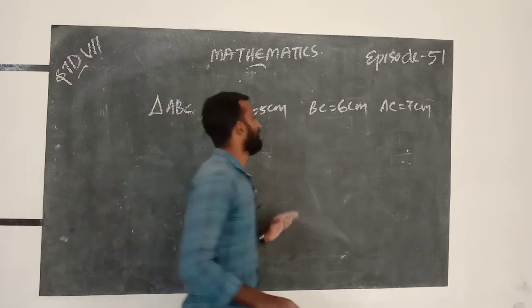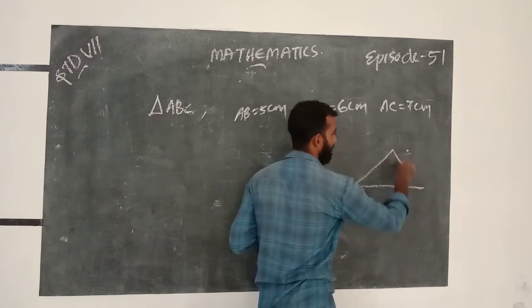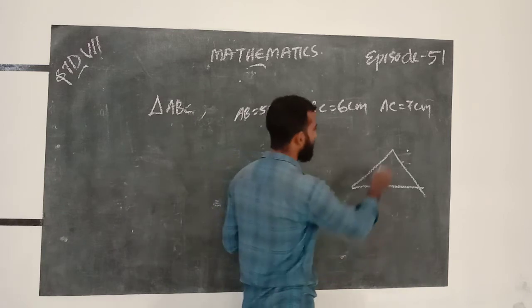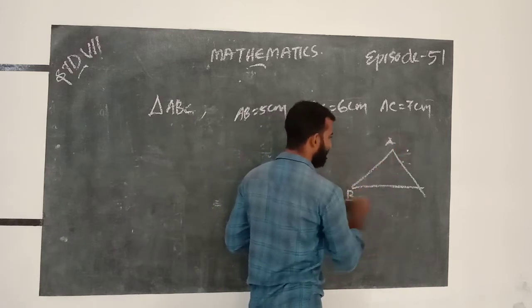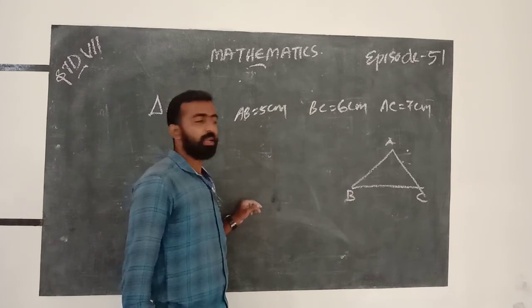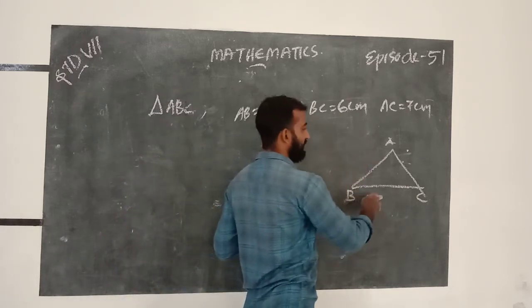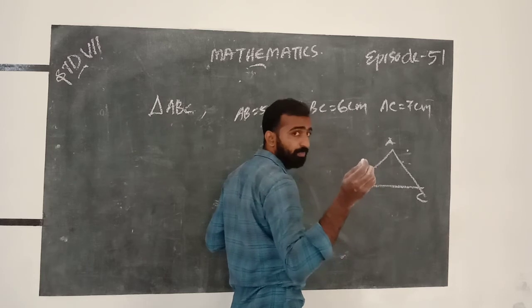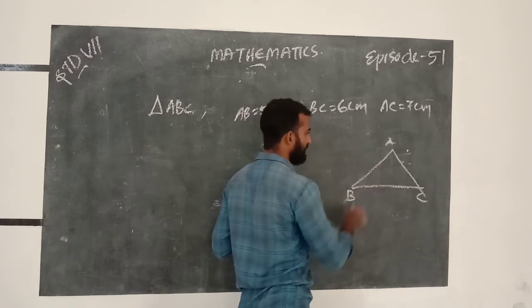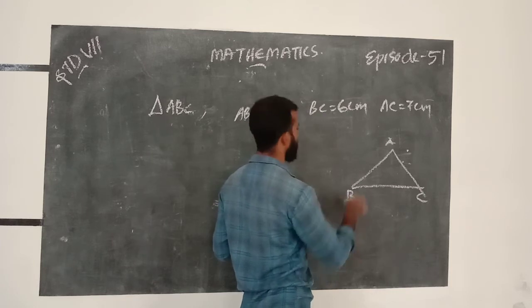First we draw a rough sketch. Name the vertices as you like, A, B, C. We draw this rough sketch with pencil and scale, and we denote the measurements also with pencil. Don't use pen.